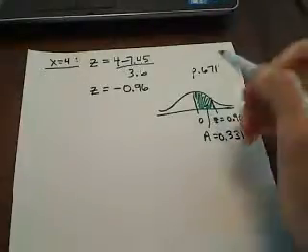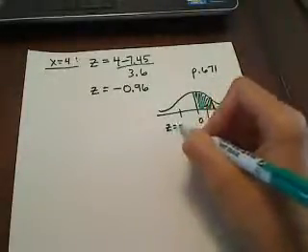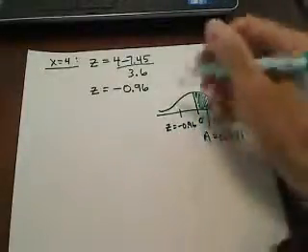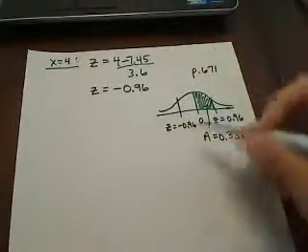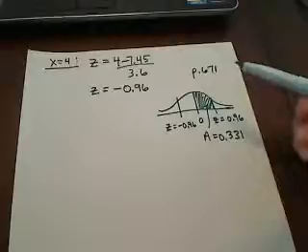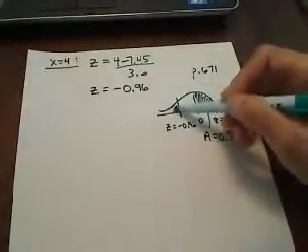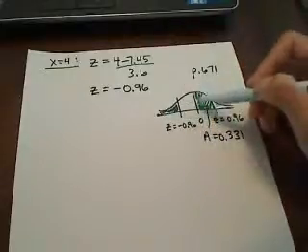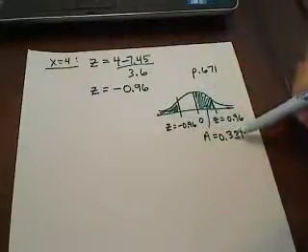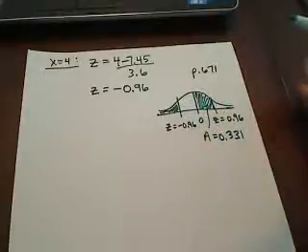If we have a z-score of negative 0.96, and that's associated with my x equals 4, then if I want to find this area right here, because this area will correspond to 0.331, I'm going to have to subtract it from 0.5.